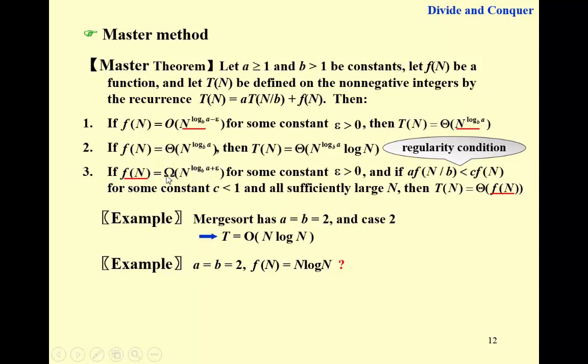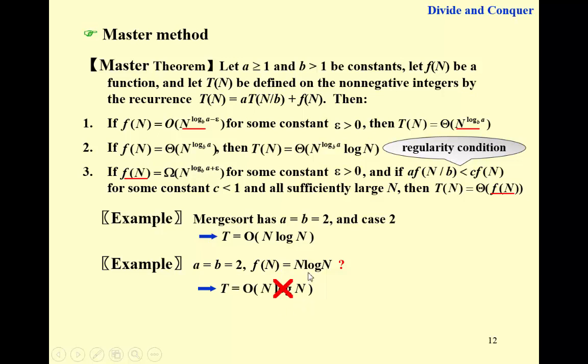And for condition 3, it's bounded below by n to the power of 1 plus something. In other words, does it mean that log n is bounded below by n to the power of some epsilon, and therefore we conclude that T is big Omega of n log n? And the answer is no, that is not correct.